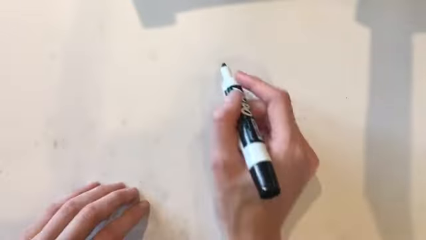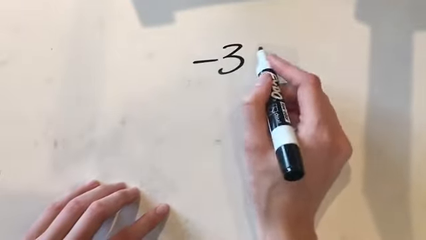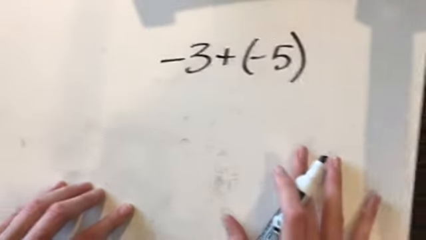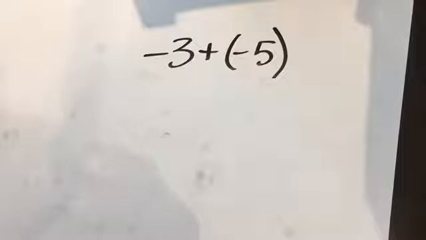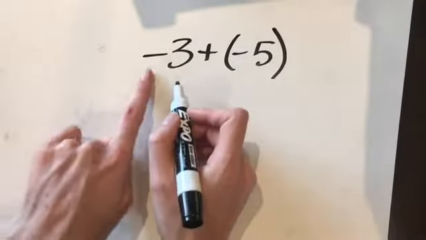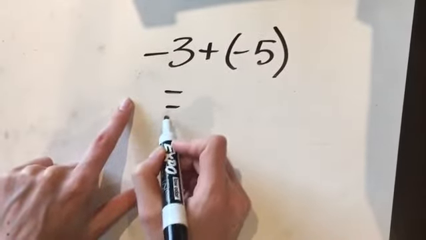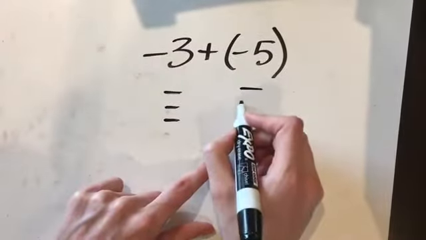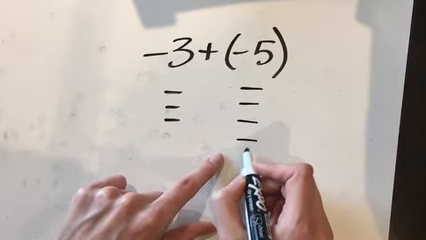Let's try this one. What about -3 plus -5? -3 plus -5. Let's use the plus and minus way to represent it. So we have -3, so 1, 2, 3. Then we have plus -5, so we have 1, 2, 3, 4, 5.